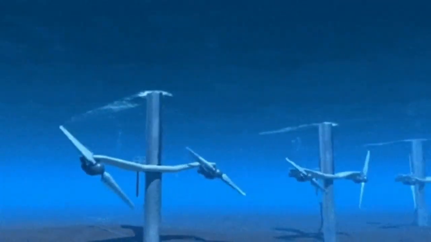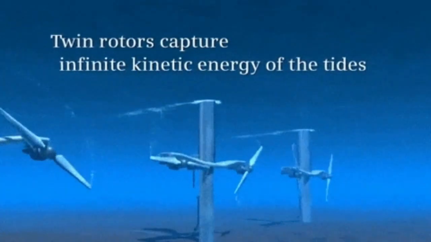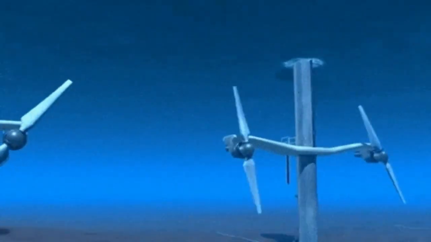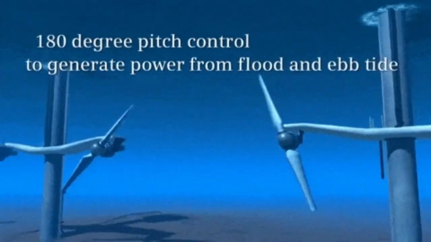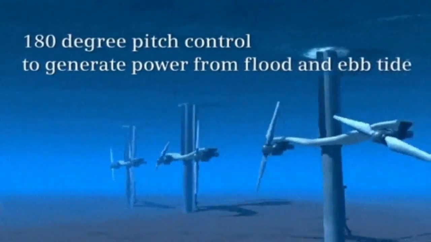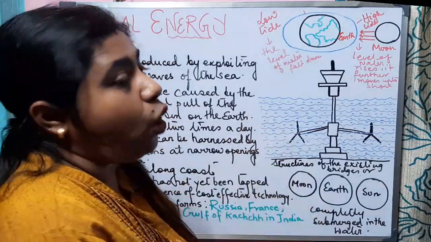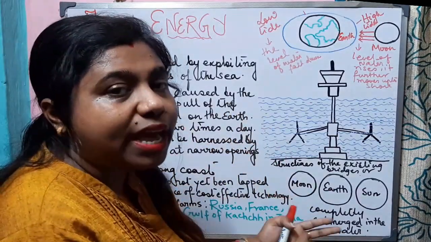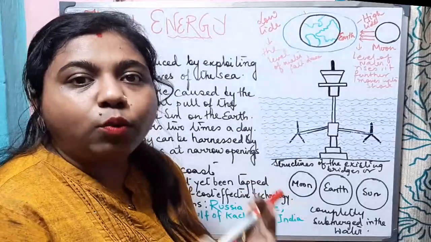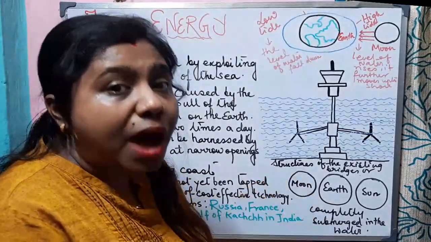So during the high tide, the turbines start rotating, which are connected to a generator, and it helps to obtain the tidal energy. So the tidal power plants can be installed where? Along the coast, because only on the coast will we get the tides.